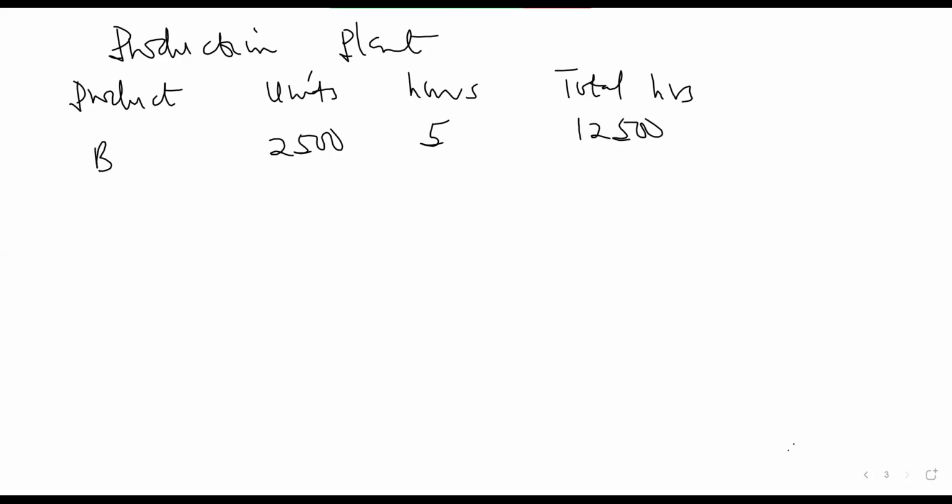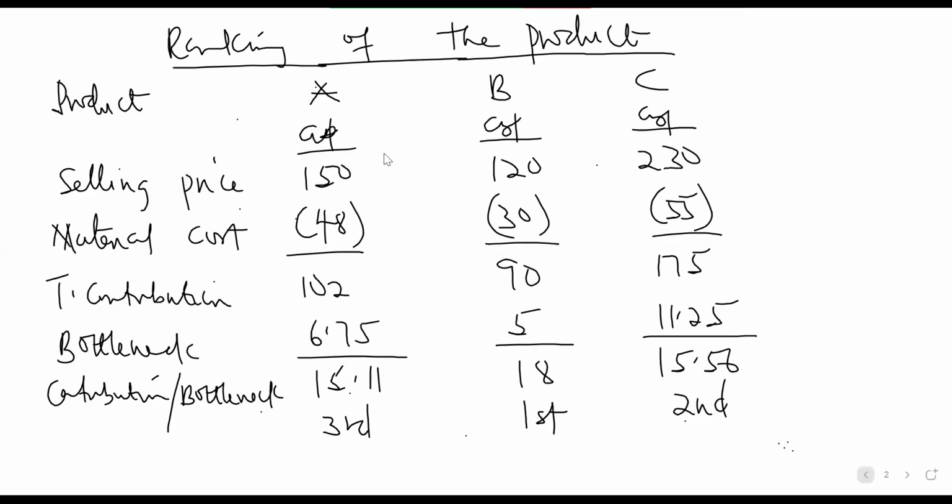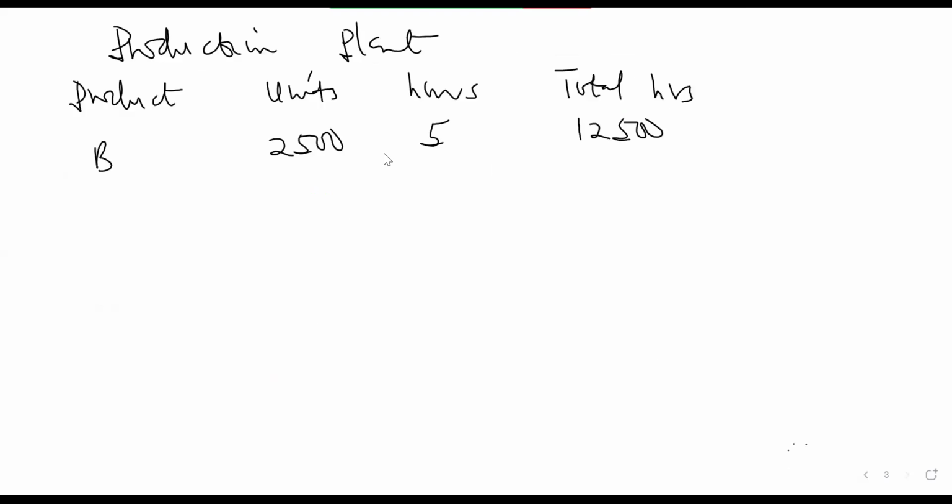So which one are we producing second? C. Okay. So for C, how many units? We have 65,000 hours as the total hours available, isn't it?